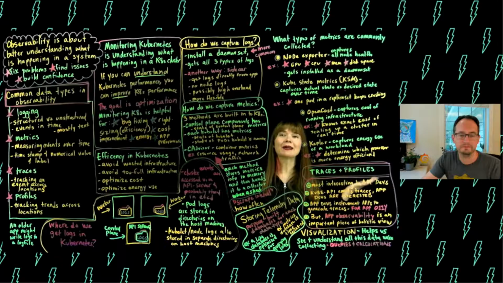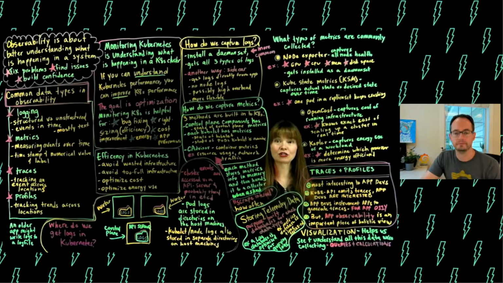So we talked about where do we get logs in Kubernetes? So we have our worker and our control plane machines. There are three types of logs in Kubernetes. We have pod logs, and pod logs are stored in directories on the respective host machine, on the same host machine as the pod. Then we have kubelet or node logs, and those are also stored in directories on the host machine, although it's a different directory.